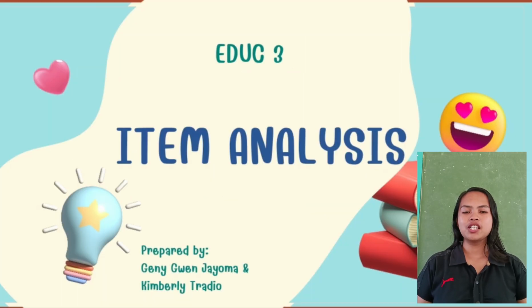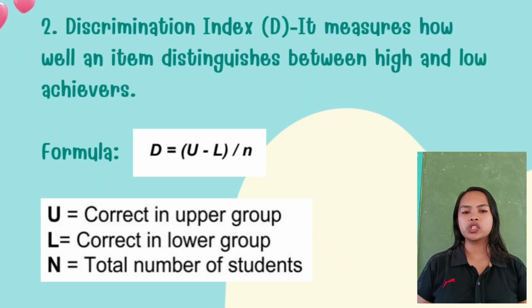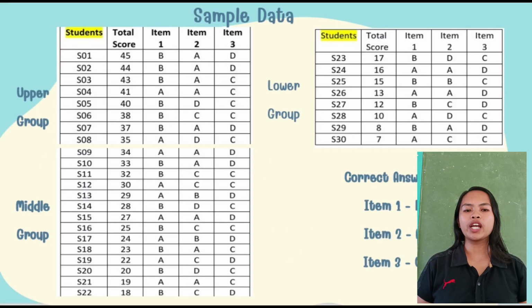So, the item analysis has three components: the difficulty index, discrimination index, and distractor analysis. Before we can proceed to the calculation of those components, the first thing to do is gather the data results from the students' exams.